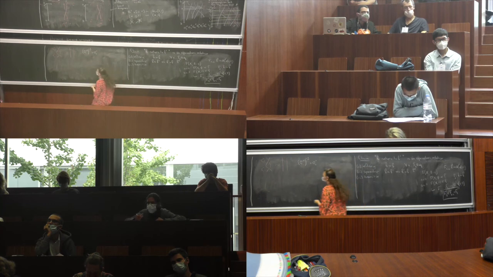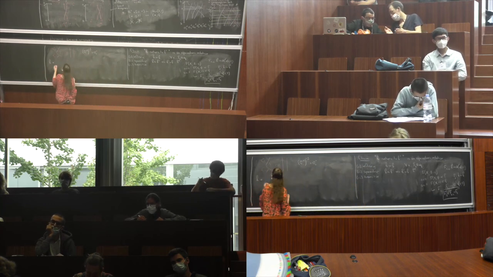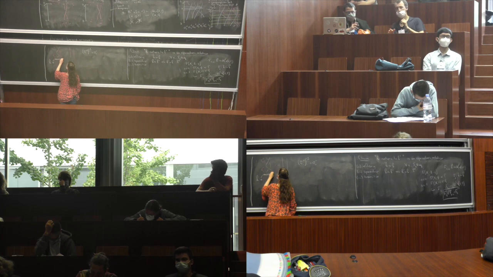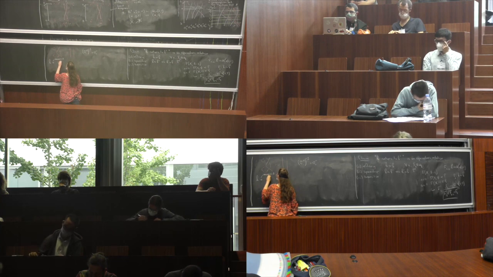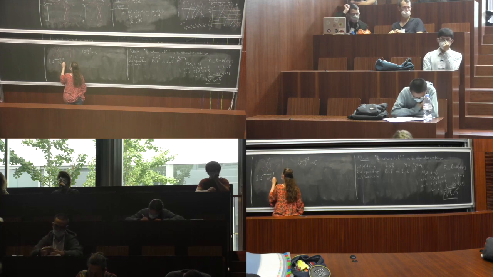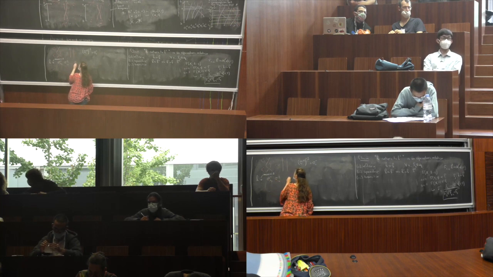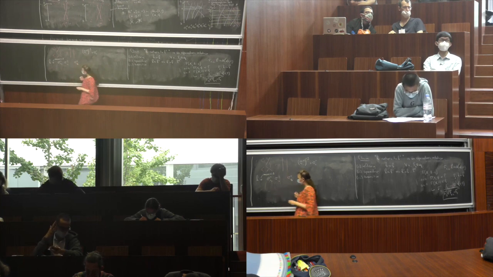And so now if I take a braid B and I write it in my monoid as a product, sigma I1 plus or minus 1, sigma I2 plus or minus 1, up to sigma Ik plus or minus.